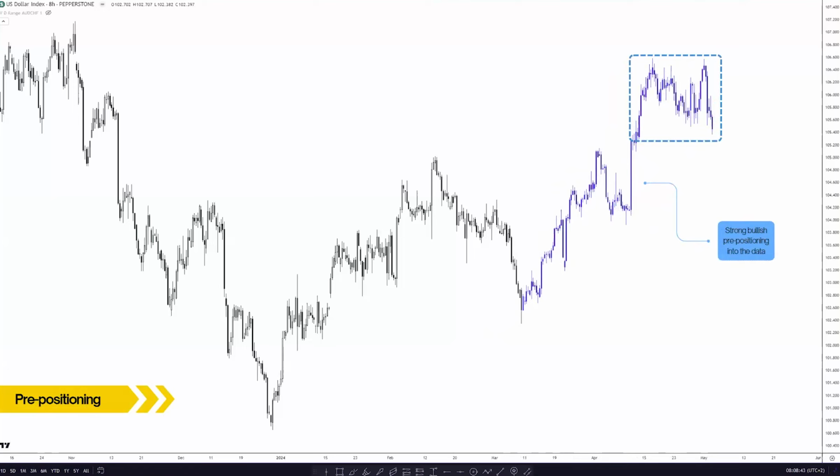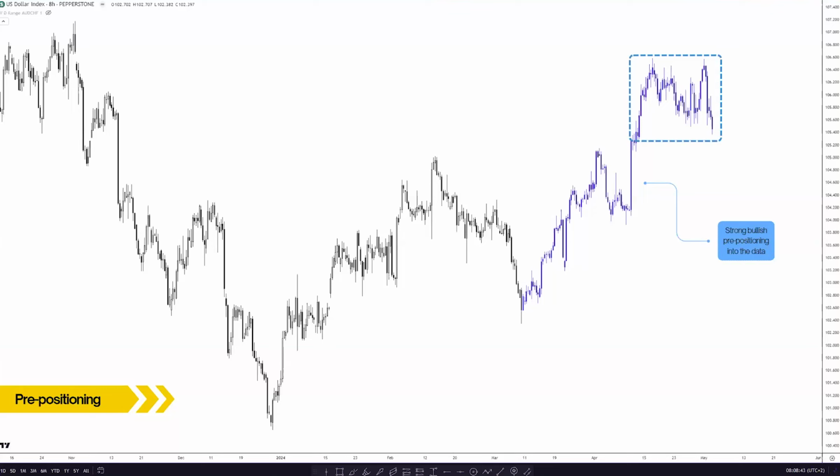Now, this was quite an important consideration for us into NFP because it showed us that the biggest surprise for the markets would have been a miss as opposed to a beat in the NFP. And a beat could have still been market moving, but with positioning that stretched on the long side, there was a much greater risk of downside on a miss than there would have been upside risk on a beat, because the markets were clearly already adequately bullish, if you want to put it that way, for the dollar.